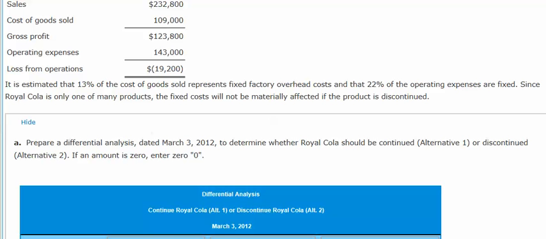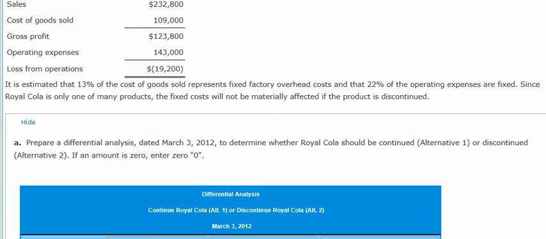A key thought here is going to be contribution margin. If we were to look at the cola's contribution margin, sales minus variable cost, how much contribution margin we have that's going to be covering fixed costs, that's going to really help us make the decision. And we've learned this from previous chapters.